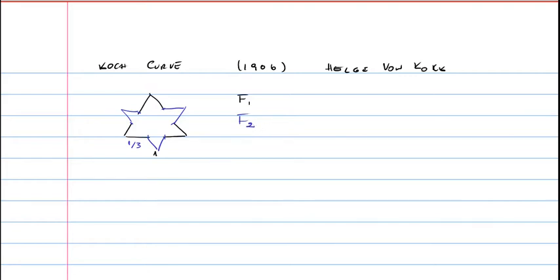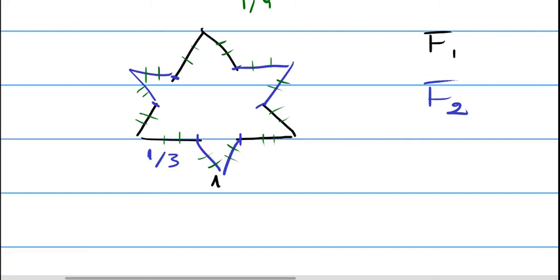And now we do the same. Now we have all these sides of length 1 over 3, and we'll divide all of them into 3 equal pieces, each of size 1 over 9. And in the middle section, draw an equilateral triangle. And again delete all the middle sections from the previous shape.